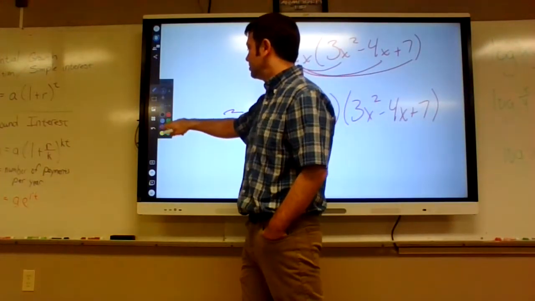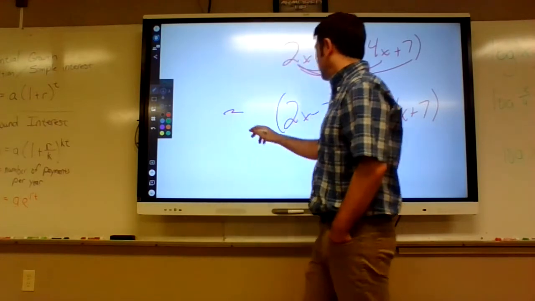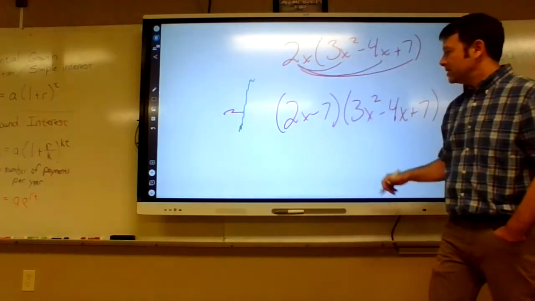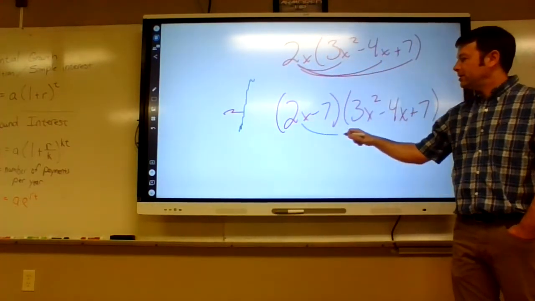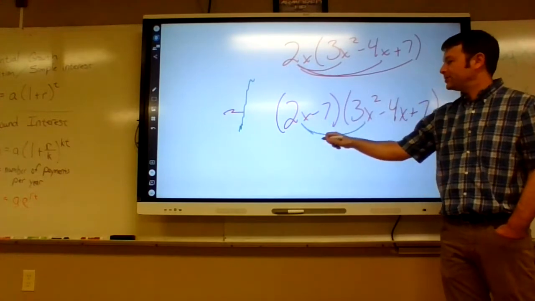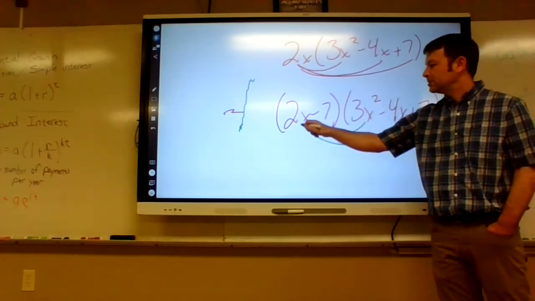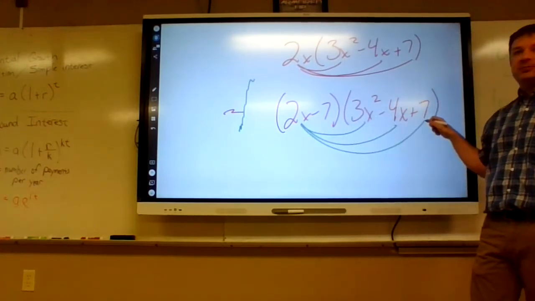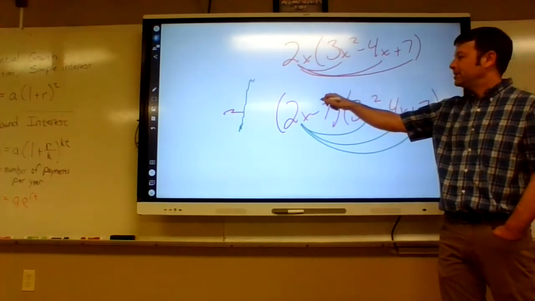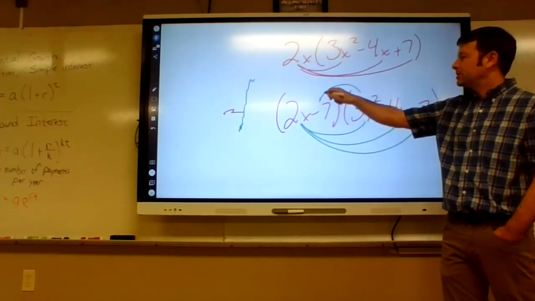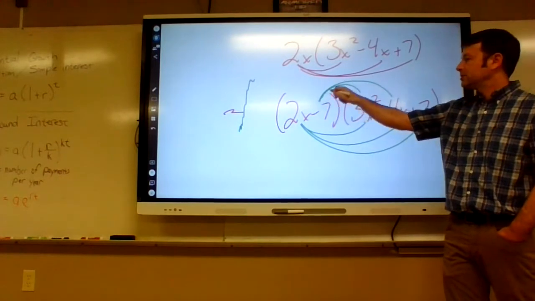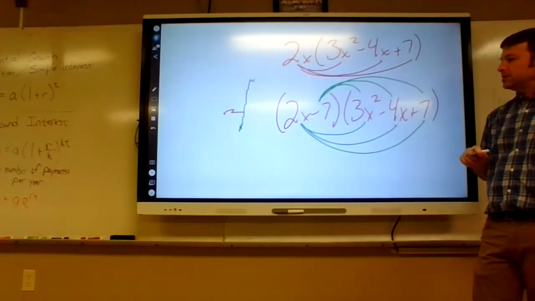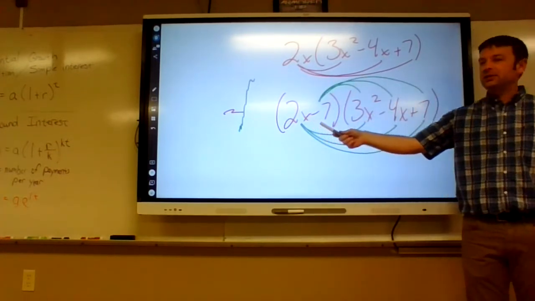Like terms? No, that's adding and subtracting. So we're going to multiply 2x times all of these. So kind of like distributive property. And you have to do -7 times all of these. So that will make 6 terms.